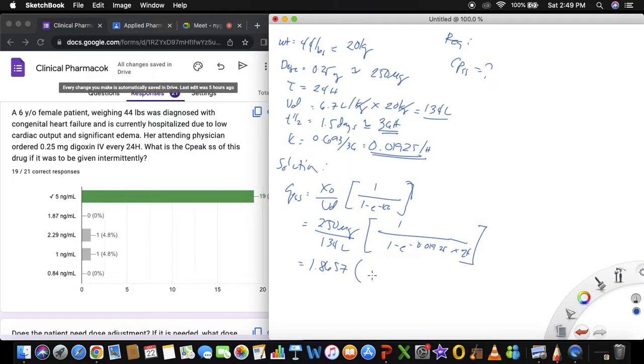Times 0.01925 times 24. Shift L and E, negative answer. 1 minus answer. 1 divided by answer. Okay, 2.7029 times 1.8657.